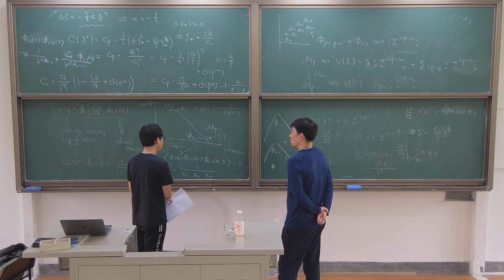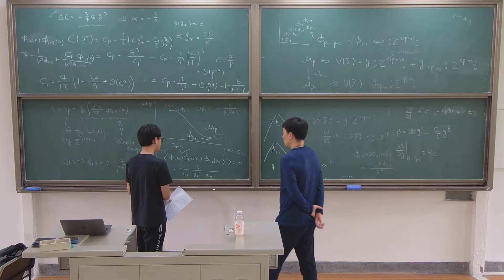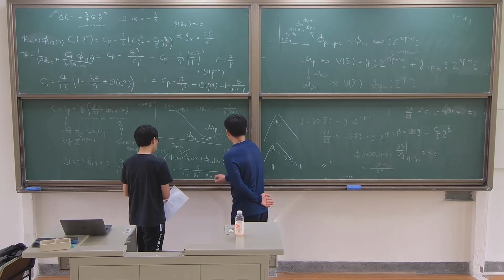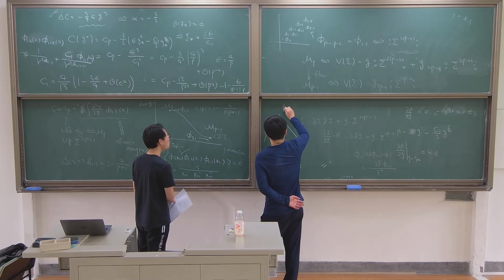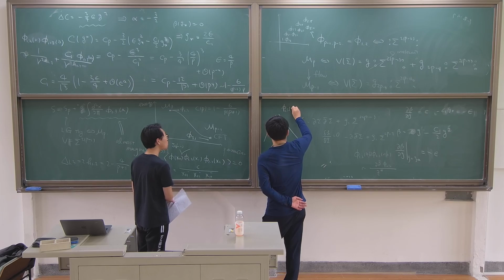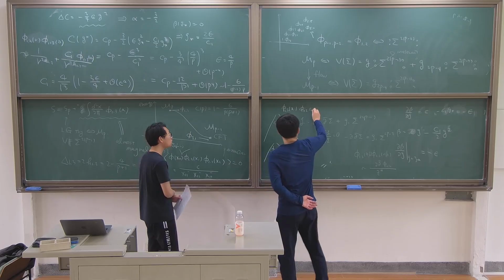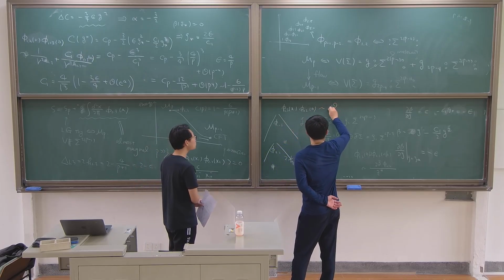Yes. We only have two fields. Yeah, I understand. But I mean, once you take phi 1 3 and phi 2 2 of 0, it is something like an operator times x to some power and so on, right?